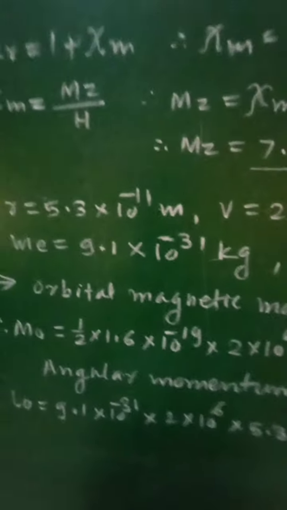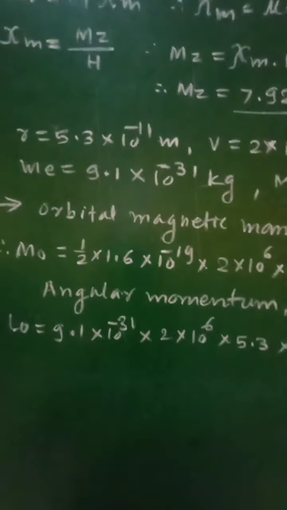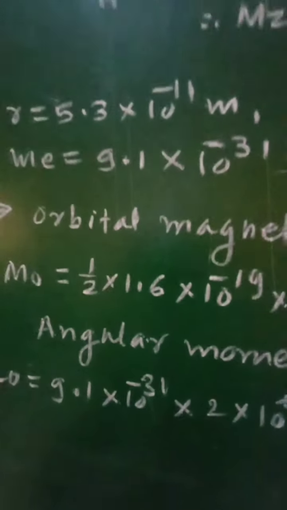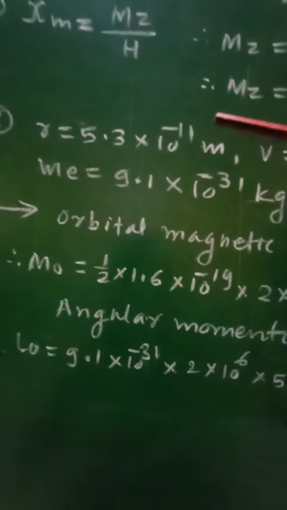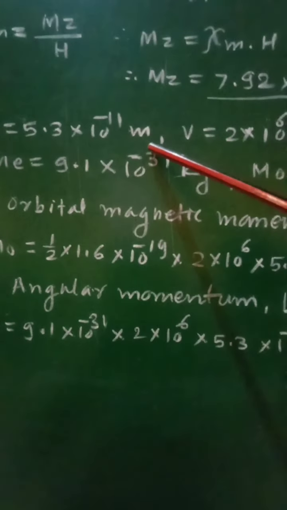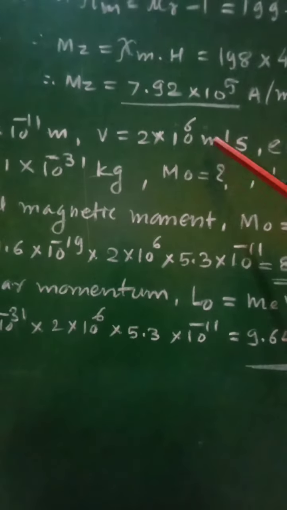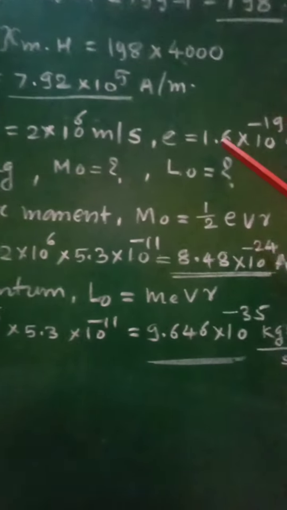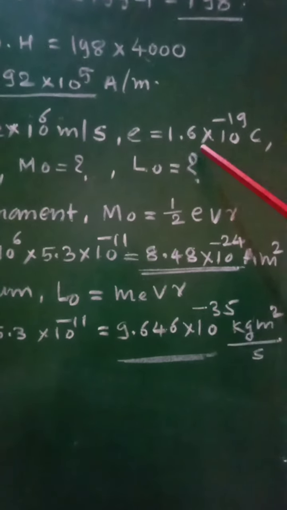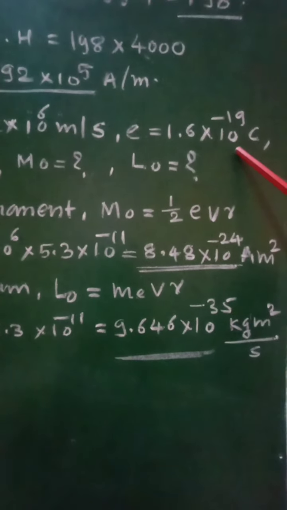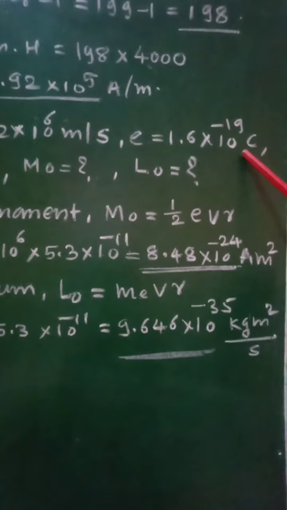And therefore the given data for this numerical is radius r is equal to 5.3 into 10 raised to minus 11 meter, speed v equal to 2 into 10 raised to 6 meter per second, charge on electron e is equal to 1.6 into 10 raised to minus 19 coulomb.